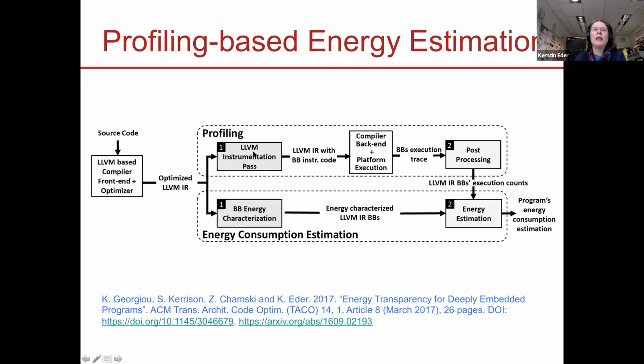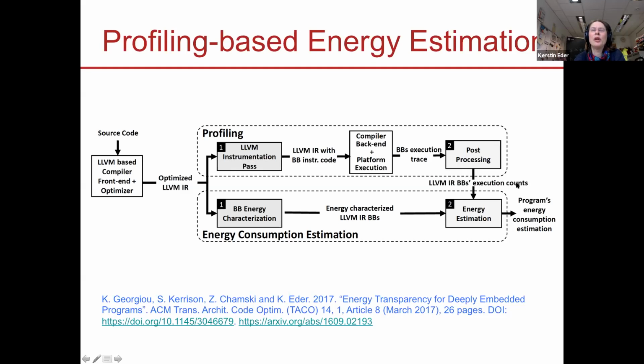The profiling goes through an instrumentation pass where I've got the LLVM IR with the basic blocks instrumented. I push this through the backend, and then I can see the basic blocks' execution counts.